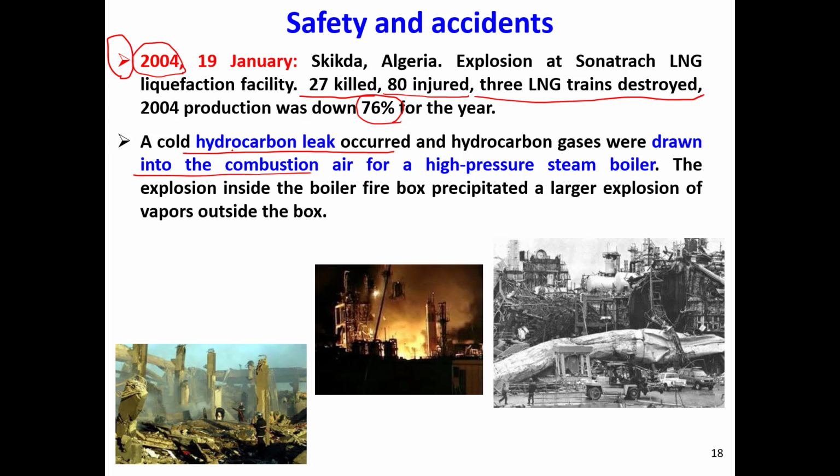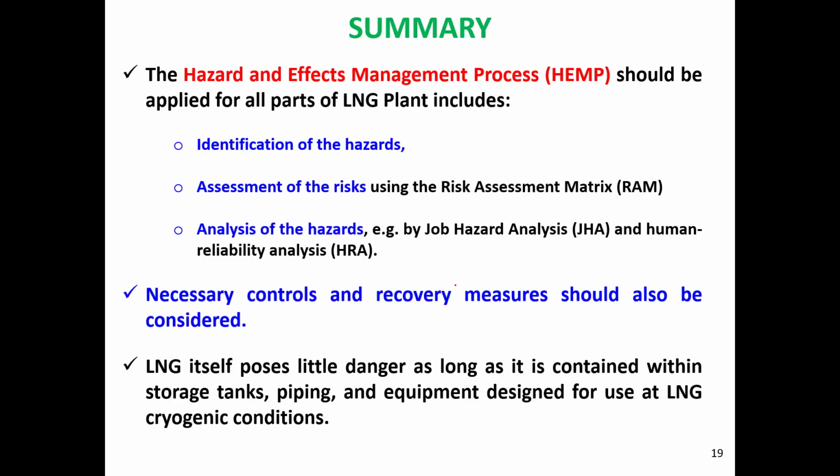So that hydrocarbon vapor was drawn with the combustion air into the steam boiler, which was at high pressure. So what will happen once it was drawn? There will be an explosion inside the boiler firebox, and that explosion precipitated another larger explosion of vapor outside the box. That was huge damage to the plant.